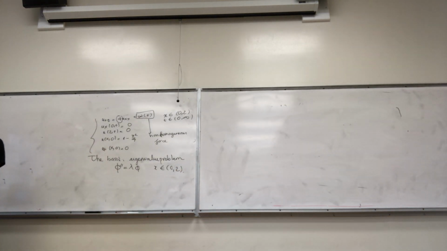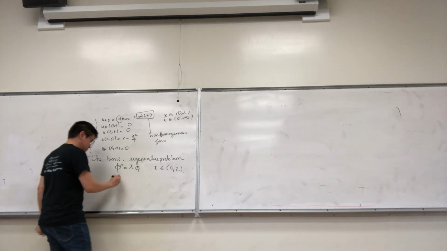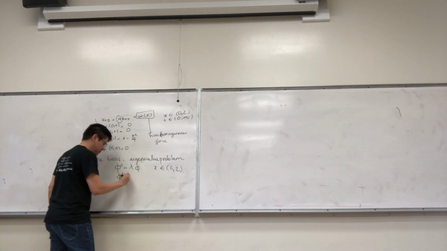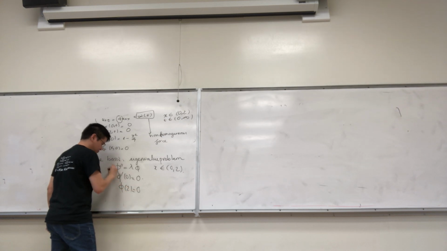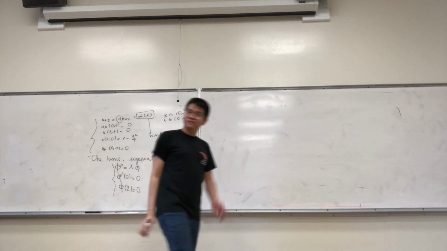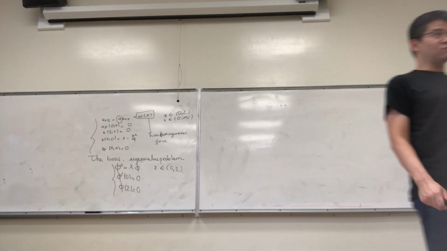And what are the two boundary conditions for this thing? Phi prime at 0 is 0, and phi at 2 is 0. Right? So the eigenvalue problem is always easy.